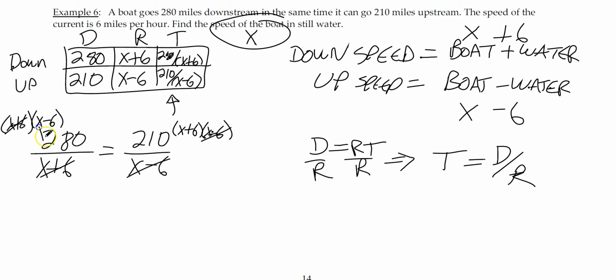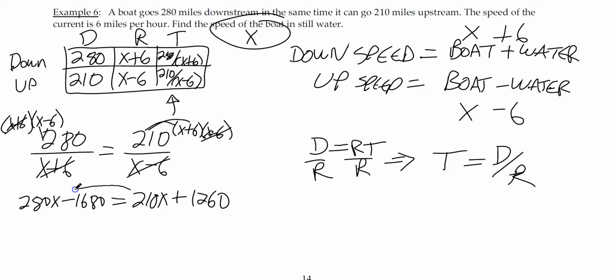We distribute. That'll be 280x minus 1680 equals, distribute here, 210x plus 1260.